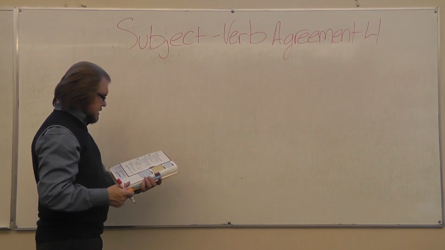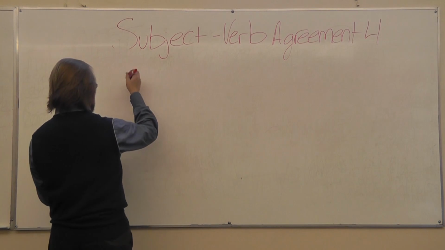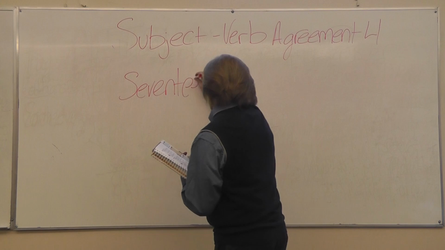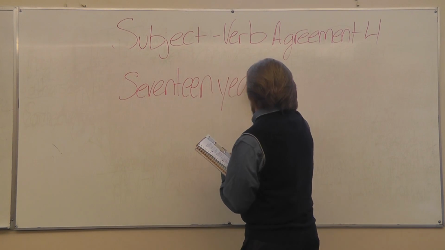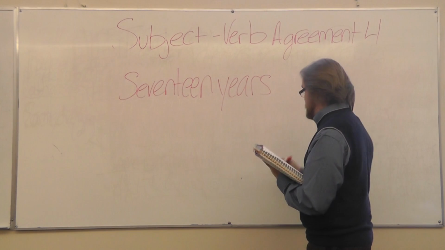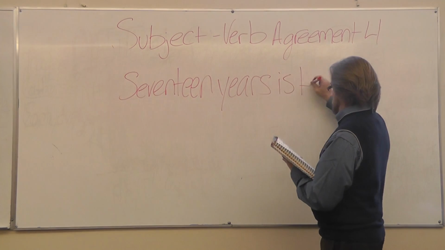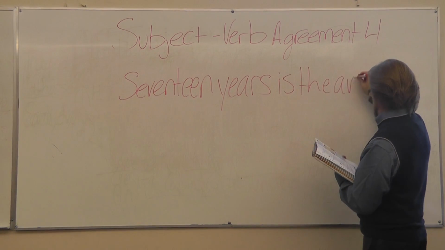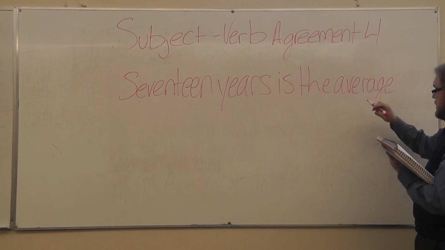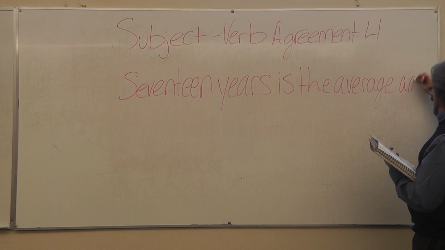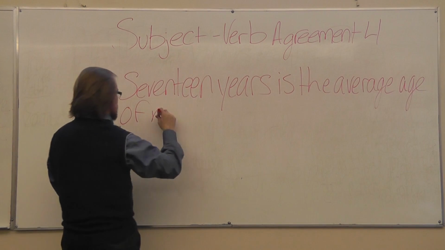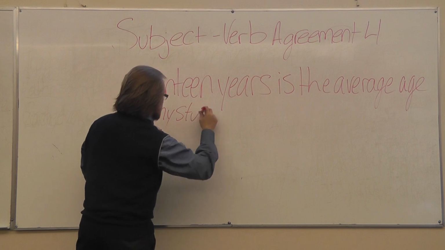So, for the purposes of grammar, if I were to say, 17 years is the average age of my students, and I don't know if that's true of you guys or not. I don't know how many of you are 16 and how many of you are 17 or where it's ended. Average age of my students.